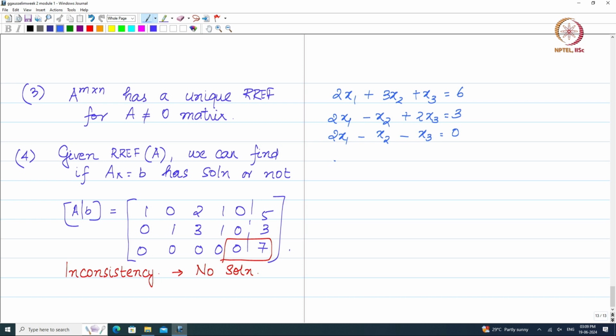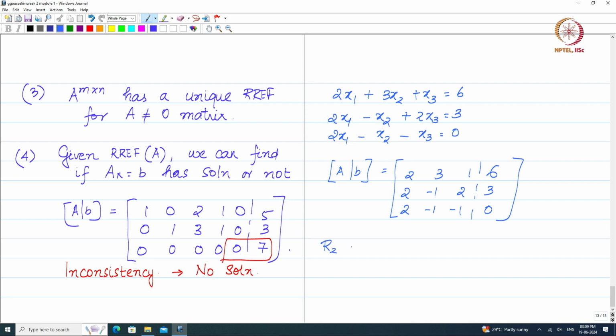The augmented matrix AB is 2 3 1 6, 2 minus 1 2 3, 2 minus 1 minus 1 0. Let us do some row operations here.